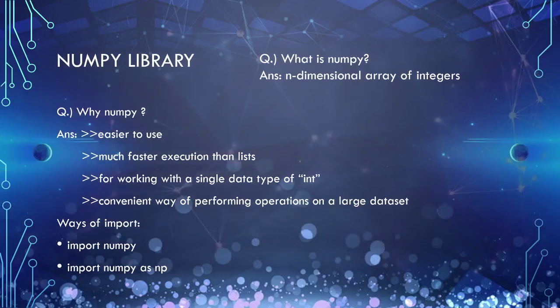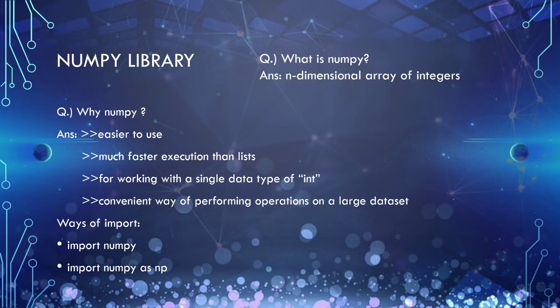So what is NumPy? If I tell you to explain it in a single line, you would simply say it is an n-dimensional array of integers. That's all. N may be 1, 2, anything. It may be a 2D, it may be a 3D array also. So why should we use NumPy? Because it is definitely easier, much faster, and it conveniently works with a single data type.